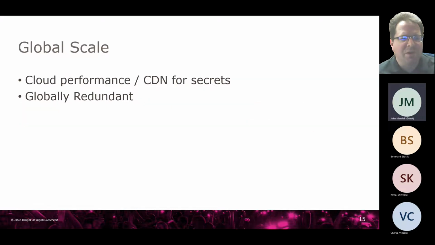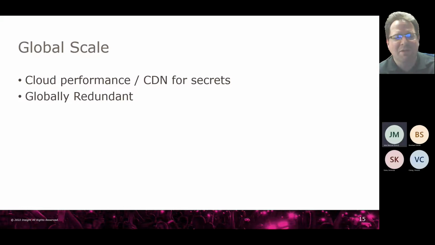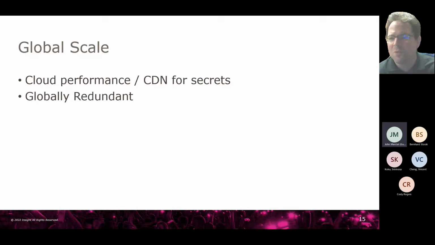And of course, this is global scale too. I kind of joke around about it being a CDN, a content delivery network for secrets. It has that feel to it when you're using it, but it is globally redundant and of course at cloud performance.